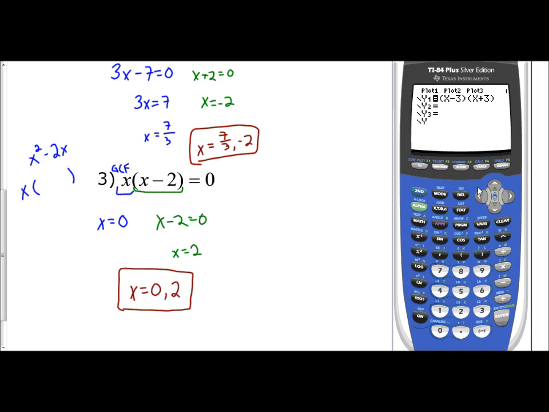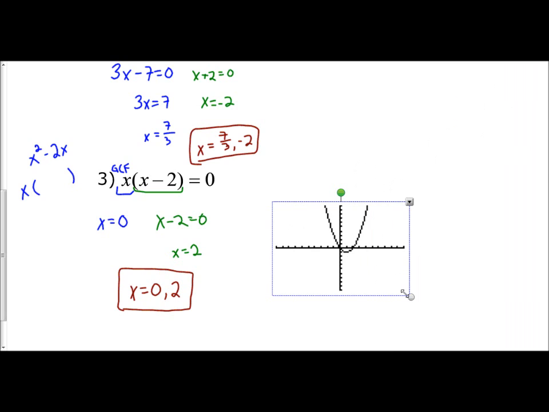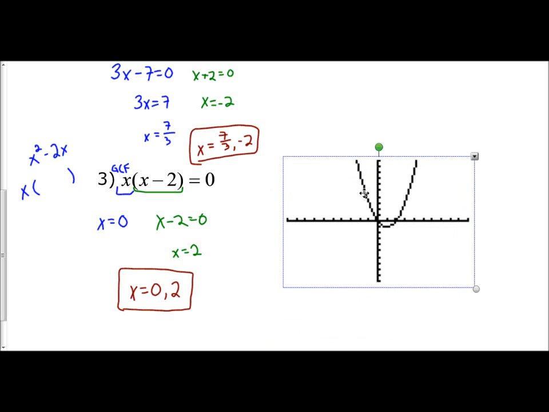And so we'll go to y equals, we'll clear out what we have, and we'll type in x parentheses, x minus 2. Now, based off of what we found by factoring, I should have an x-intercept at 0 and an x-intercept at 2. So if I hit graph, pull it down here, we can see that our graph is going through 0 on the x-axis, and then it's coming back up through 2.